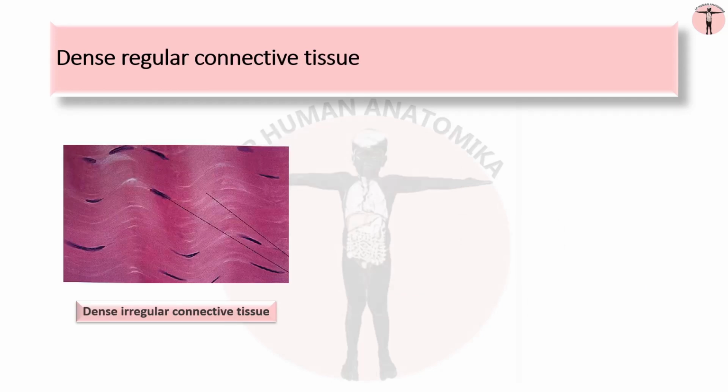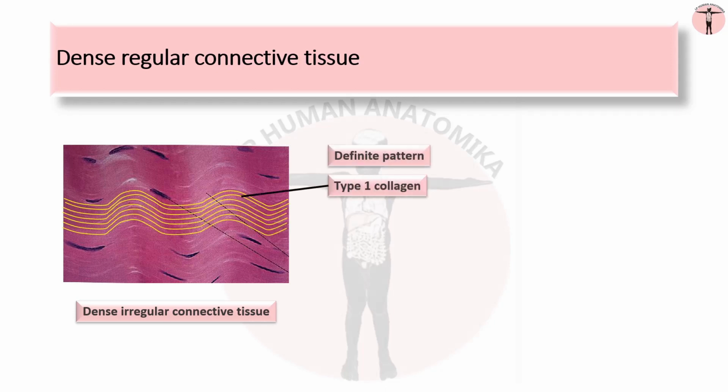Dense regular connective tissue. This is a picture of the section of tendon, which is an example of dense regular connective tissue. The connective tissue is arranged in a definite pattern. Type 1 collagen fibers are densely packed, aligned uniformly and parallel to each other in the form of bundles.